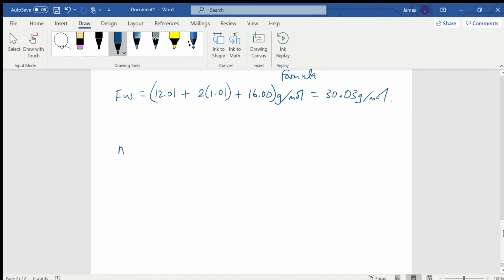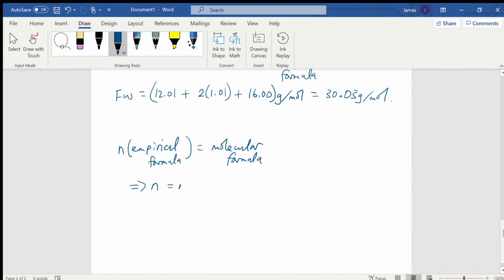So remember that n multiples of the empirical formula is equal to the molecular formula, whether it be the number of atoms or the mass of the atoms. So this implies we need to quantify the integer n, right?